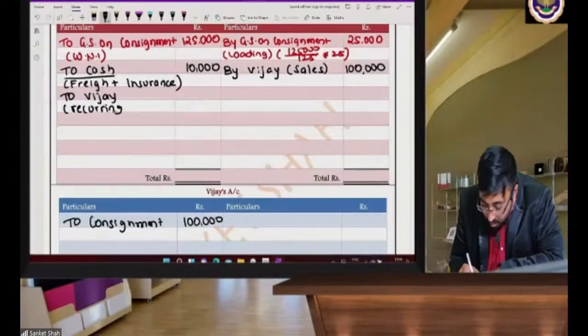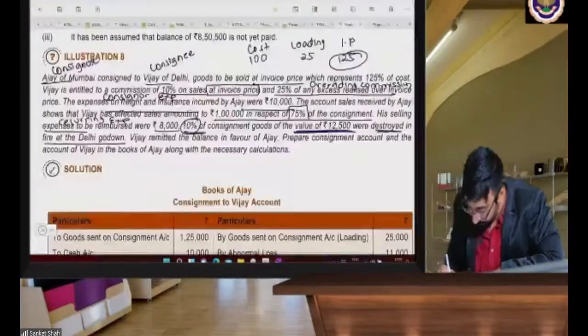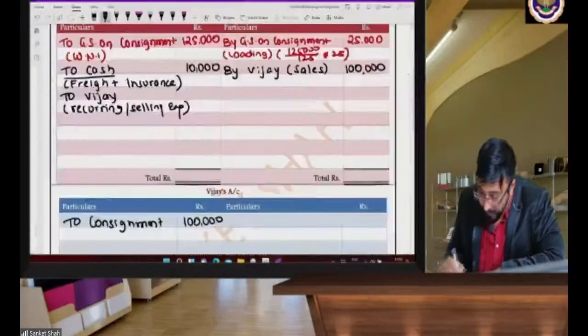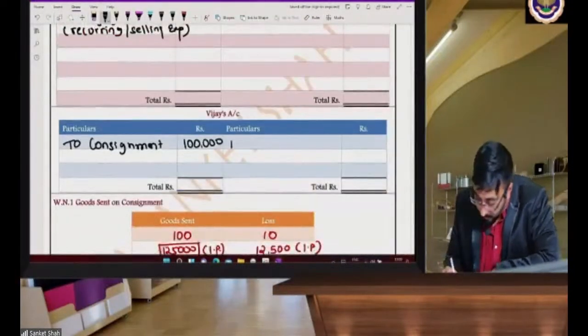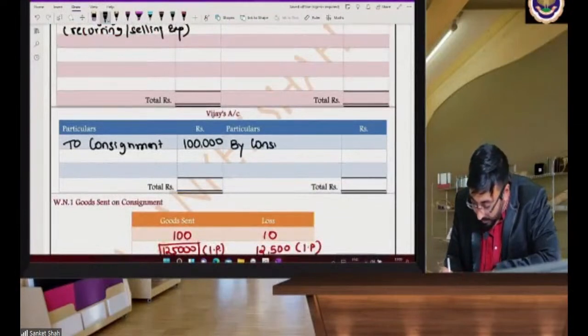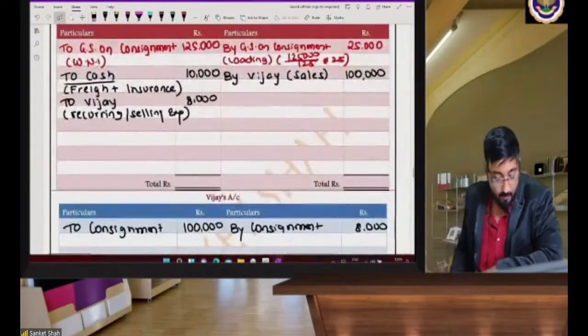Selling expenses are always treated as recurring expense. Remember, 8,000. So it won't be considered in the stock valuation. And by consignment, his expenses are 8,000. Next one.